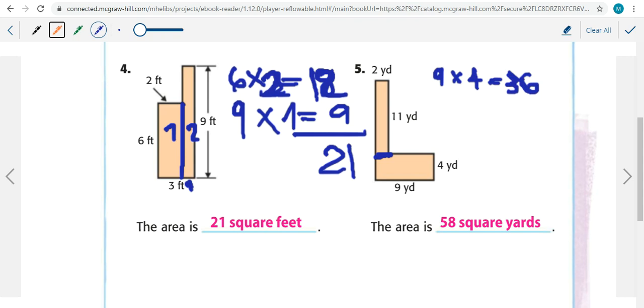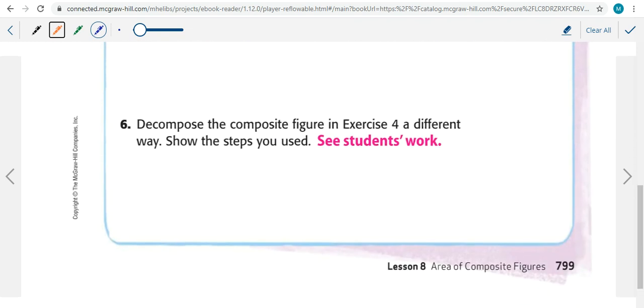And we're going to find the area of this part, which is 11 times 2 is 22. Okay? And then we add 36 plus 22 is 58.